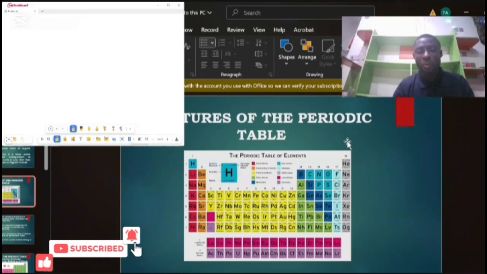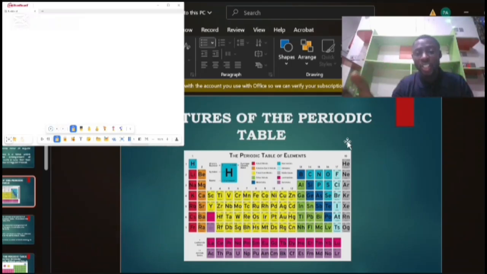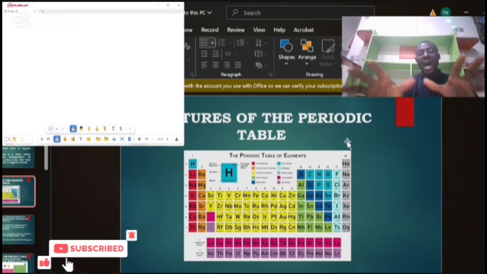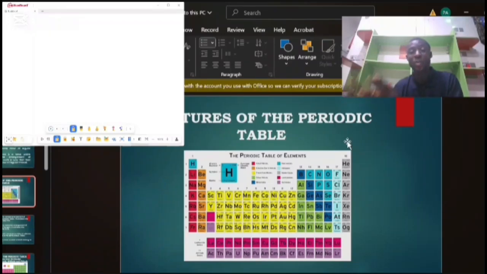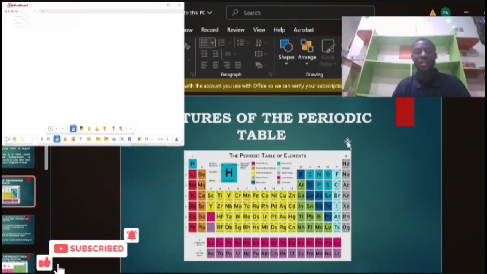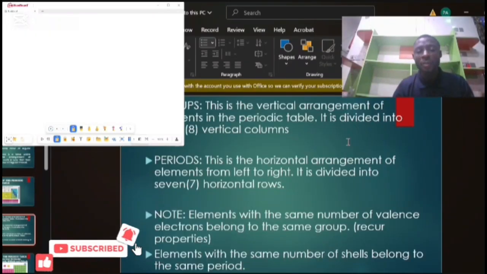So first, let's go to features of the periodic table that tell us the orientation of the periodic table and how elements are arranged based on the occurrence of their properties. One of the features that we can see in the periodic table is what we call groups. This is the vertical arrangement of elements in the periodic table.